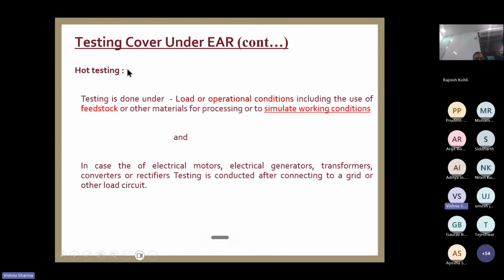This is the difference between hot testing and cold testing. Cold testing is considered a part of the erection period. It is not considered a part of testing. Only hot testing, whenever it is done, is considered a part of the testing period. Cold testing is as good as erection period.